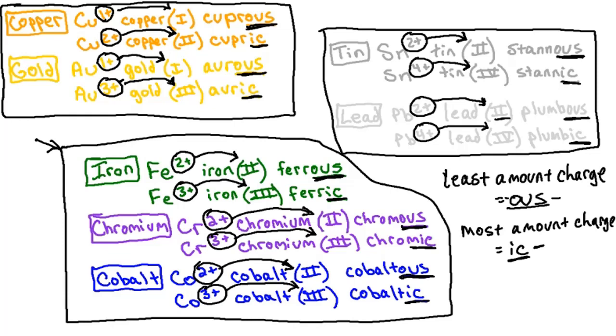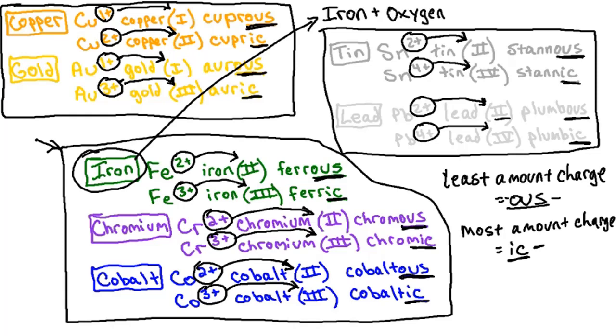So say you want to take iron right here, and you want to pair iron and oxygen in an ionic compound. Iron and oxygen. Well, we know that oxygen is going to have a 2- charge on it. And so iron, which iron should we use?